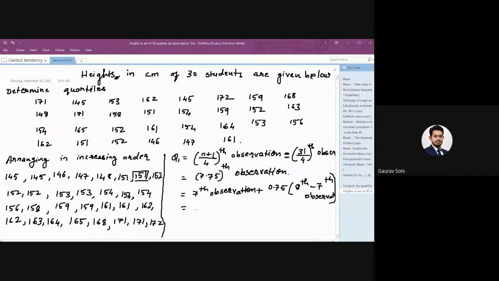So that is 151 plus 0.75 times (8th observation, 152, minus 151). So that is going to be 151.75. This is our quartile number 1.